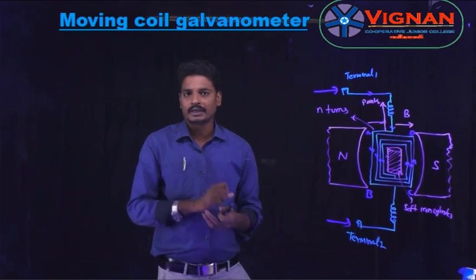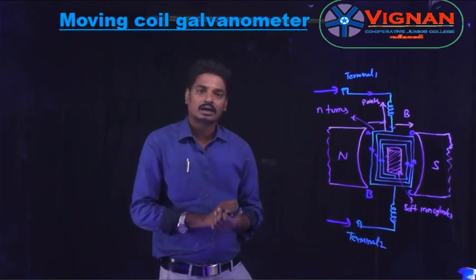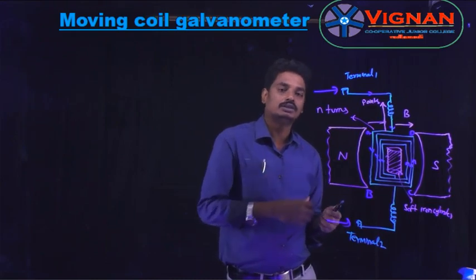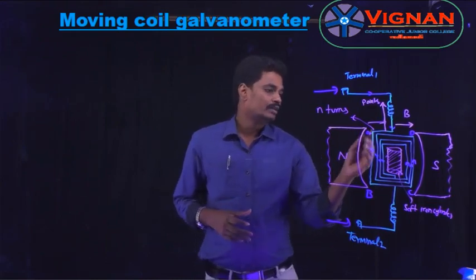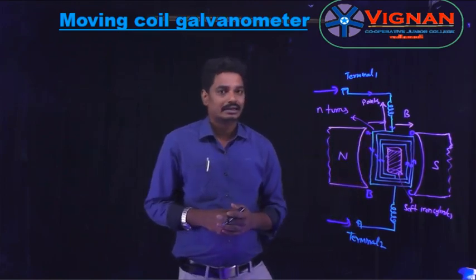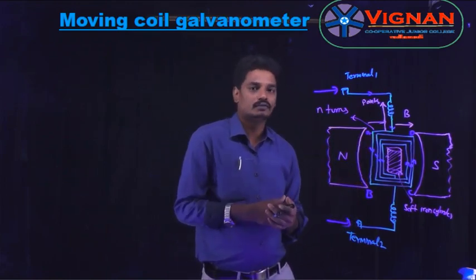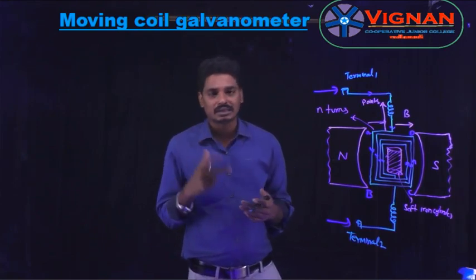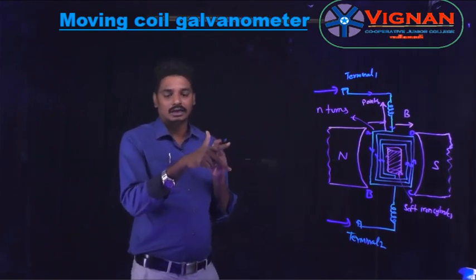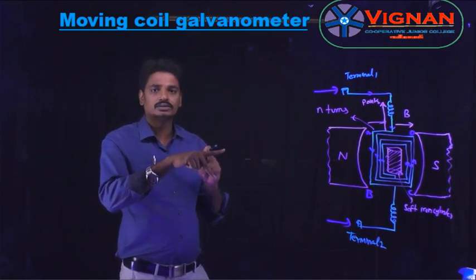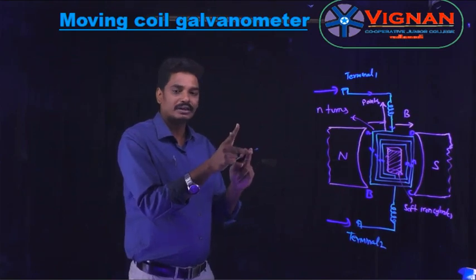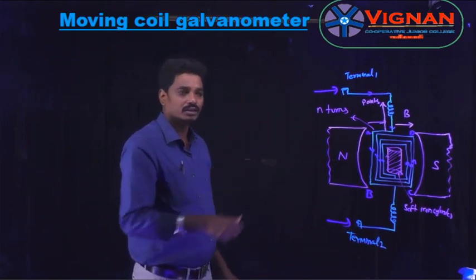From the topic, torque acting on the current loop when placed in a uniform magnetic field, we observe that whenever the magnetic field is perpendicular to the current, the direction of the force can be indicated by Fleming's left hand rule, in which the thumb indicates the direction of the force, the index finger indicates the direction of the magnetic field, and the middle finger indicates the direction of the current.